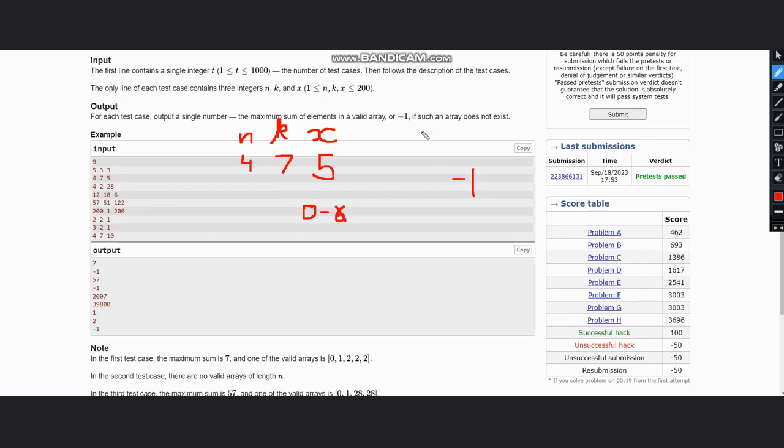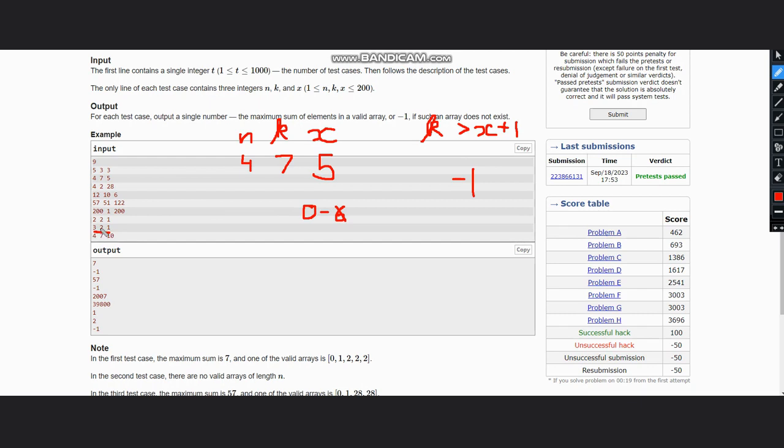So what we understand from this case is, if our k is greater than x plus 1, because 0 is also included. Remember, if you take the case, suppose 3, 2, 1. Now here k is greater than x, but output is there. Why?